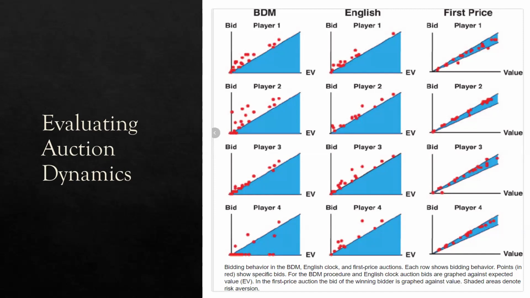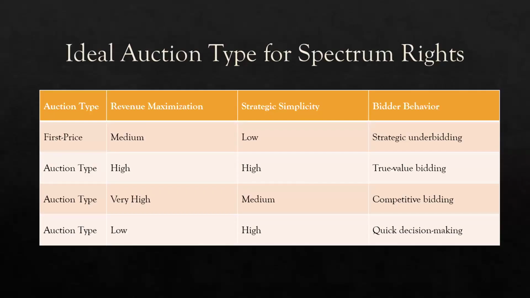Understanding these dynamics is vital for the FCC as it designs the auction for the spectrum rights. The goal is to choose an auction type that maximizes the revenue while ensuring a fair and competitive process. Each auction type can manipulate the bidder behavior in ways that may either benefit or detract from the goals.